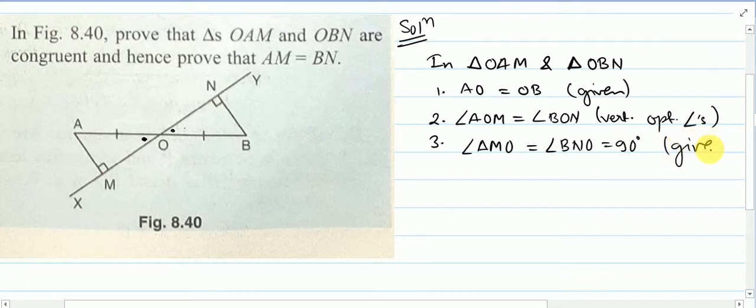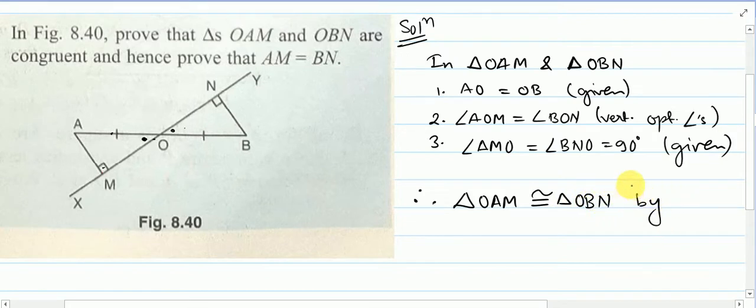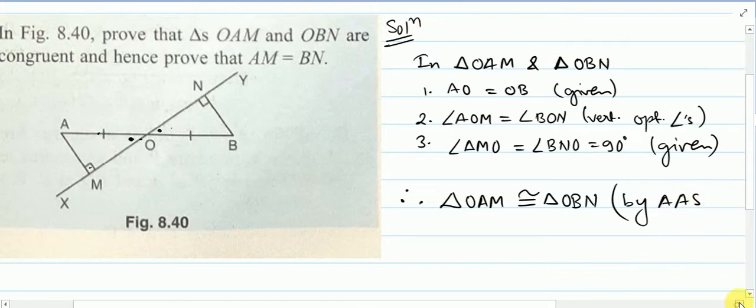This is also given. So these two triangles are going to be congruent by angle side. Therefore triangle OAM is congruent to triangle OBN by angle side axiom.